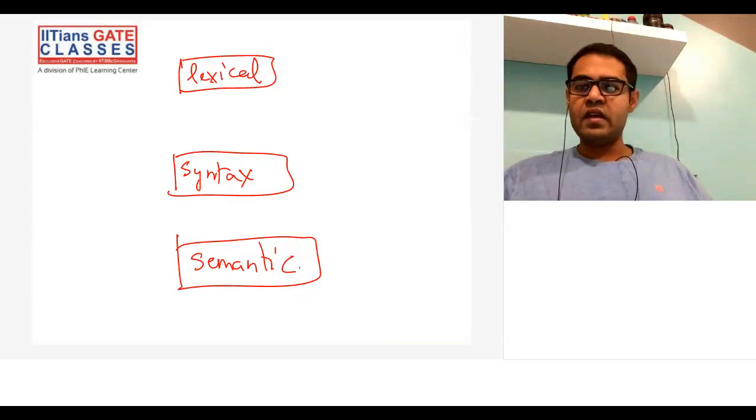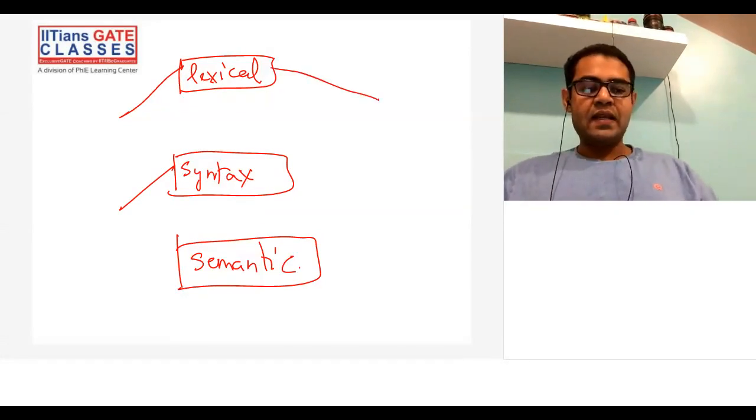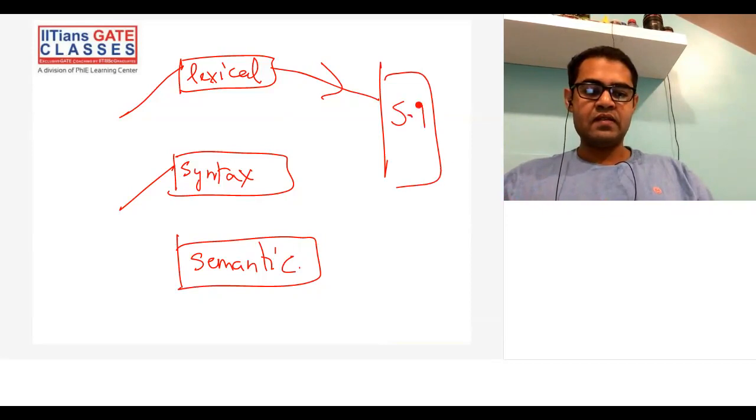They are saying only lexical analysis and syntax analysis will access the symbol table. In lexical analysis, you try to store whatever symbols you come across as they are in the symbol table. So this phase will put some entries in the symbol table. Let's say this is the symbol table.